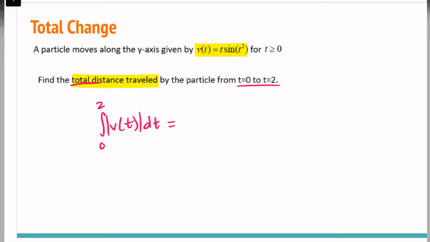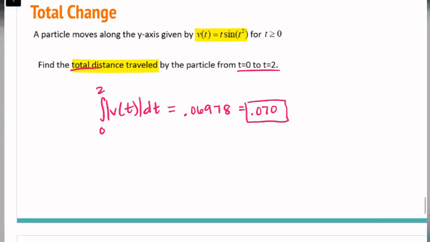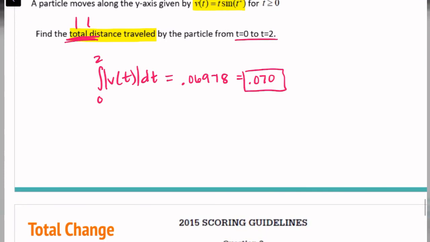So from 0 to 2, absolute value, x sine of x squared dx, and that is going to give me 0.06978. So I'm going to round that to 0.070 to 3 decimal places. They're not giving us units, so that is going to be the total distance traveled from 0 to 2. Okay, total distance, absolute value signs, always.